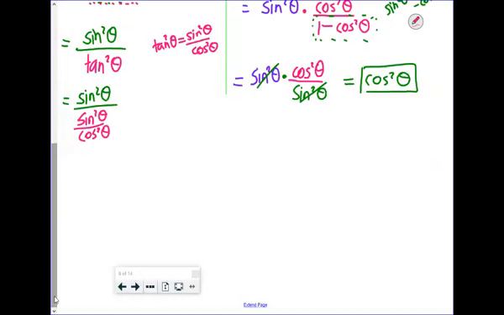Now just do your dividing with fractions. So what we do, we get the numerator, and where we've got this division, we turn it into multiplication, and we multiply by the reciprocal.